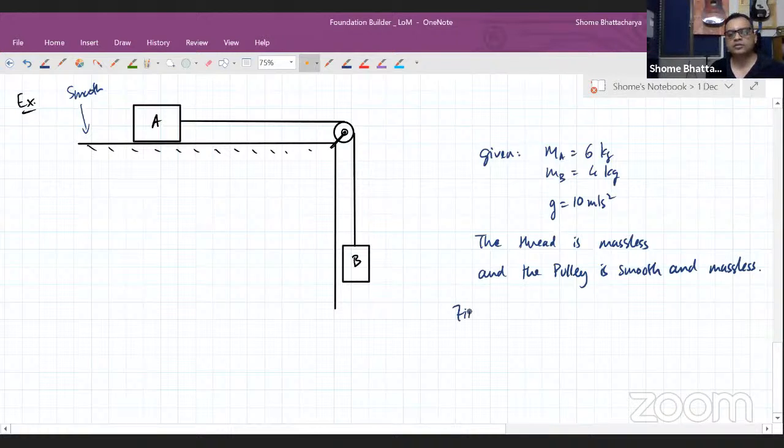So we want to find first of all the acceleration of the blocks. That's the standard thing, but also the tension in the thread.